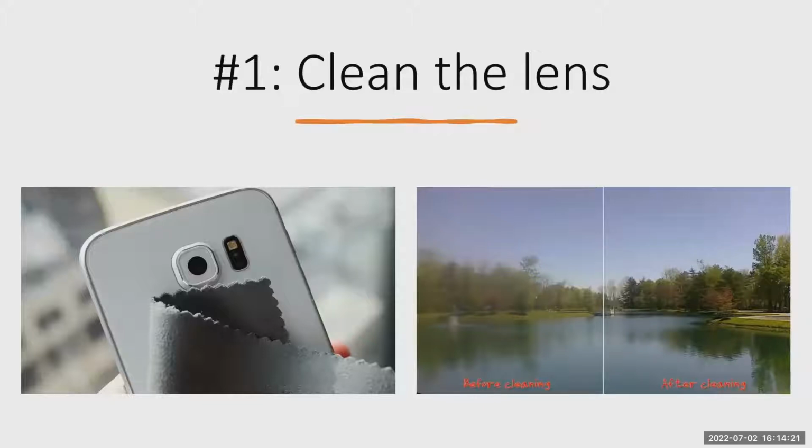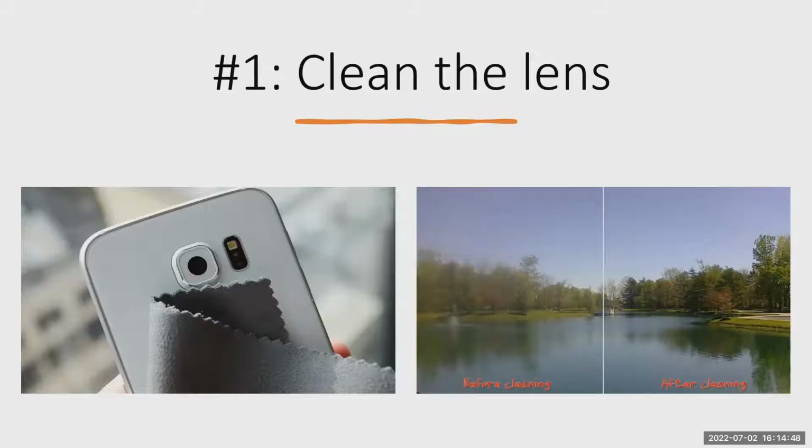So the first thing is, when you want to take an image with your mobile phone camera, it is very necessary to clean your lens. You might clean it with a microfiber cloth, or you can just wipe it with your shirt or dress before taking an image.